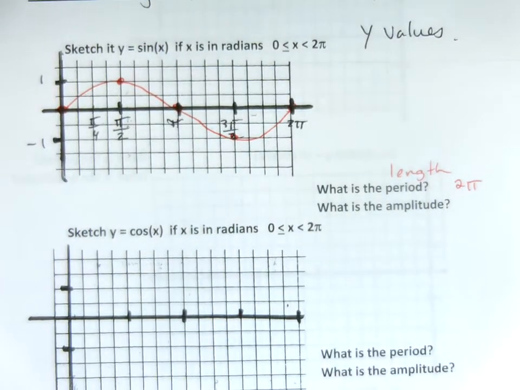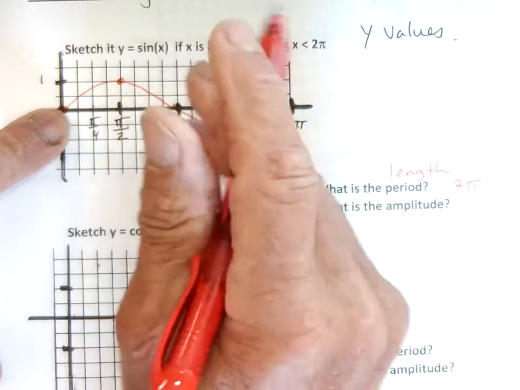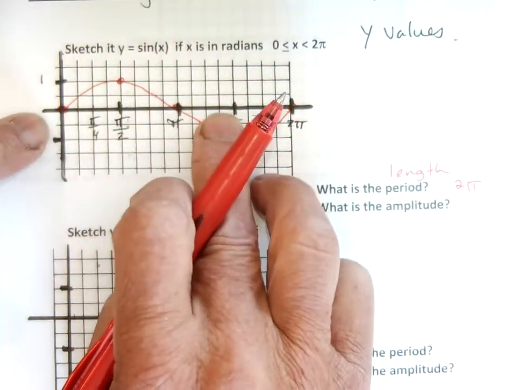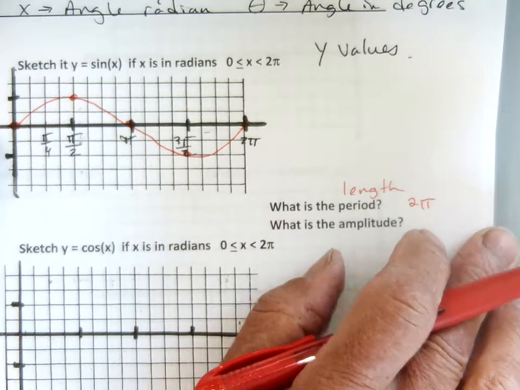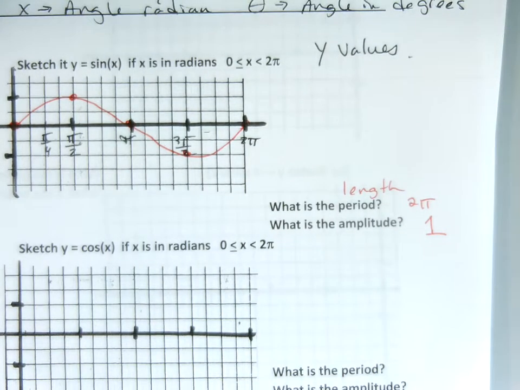The amplitude is like the height of the wave. If you're out at the ocean and they said, okay, we have 1 foot swells or 5 foot swells, the amplitude is 1, not 2, even though it goes in between, because it goes up to 1 and down to negative 1. So the amplitude is 1. Okay, how's that? Pretty easy?